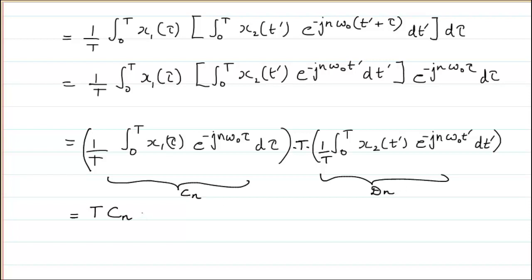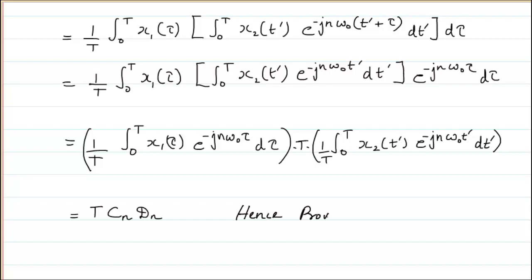So this will be basically T multiplied with Cn into dn. So that is the Fourier series of the convolution x1 of t with x2 of t. So therefore I can say that this is proved. So hence proved.